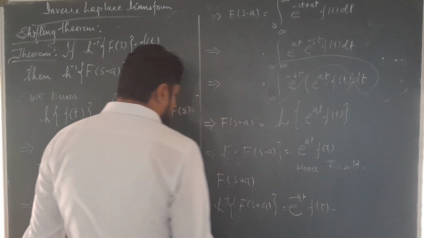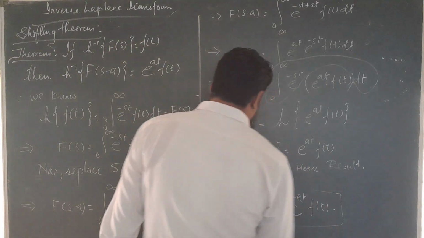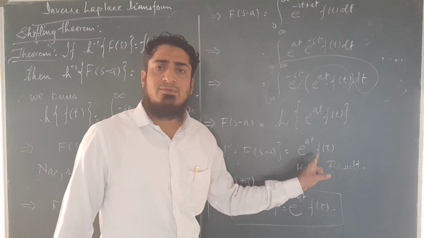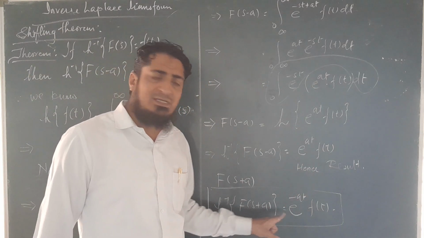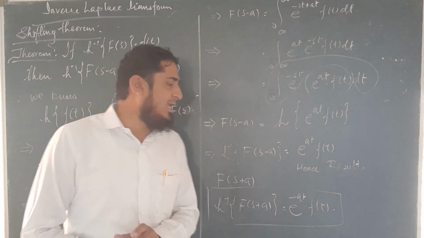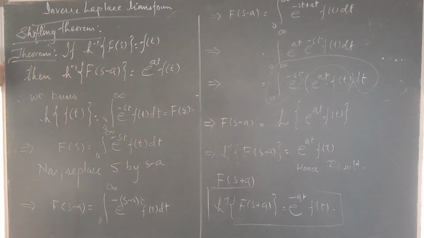There is no big deal: if we have s minus a, we will get e raised to at, and if we have f of s plus a, we will get e raised to minus at f of t. Correct?